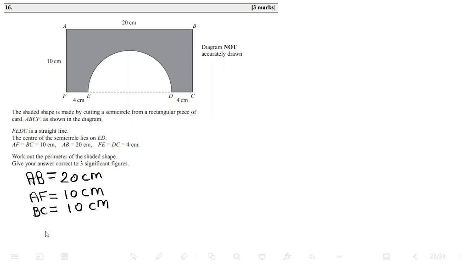Yes. If I am writing FE is 4 centimeter, is that okay? Yes. If I am writing DC is equal to 4 centimeter, is that okay? Yeah.